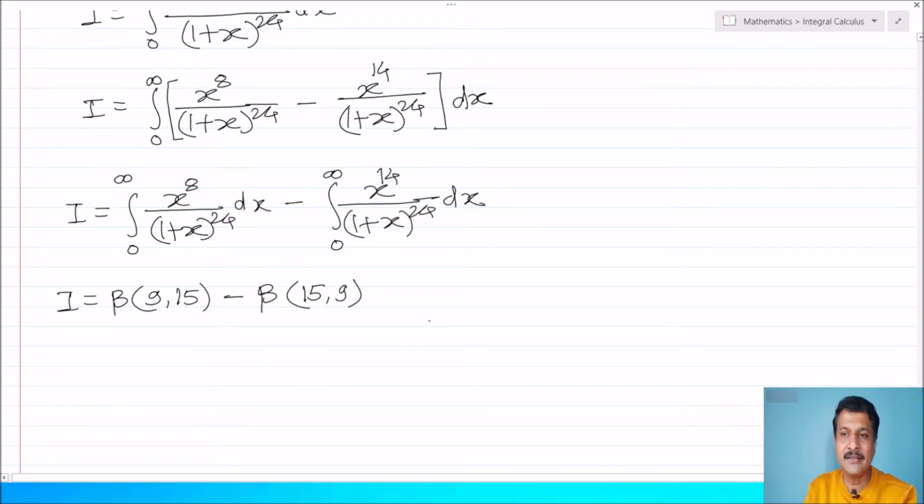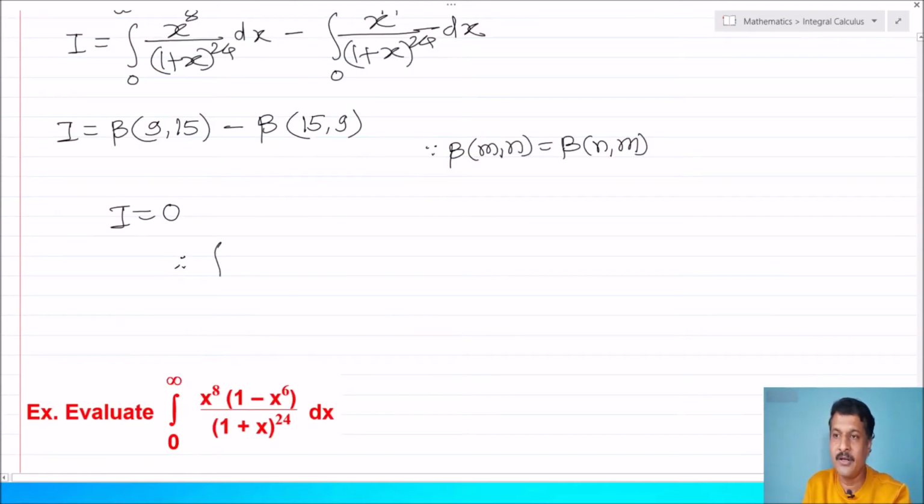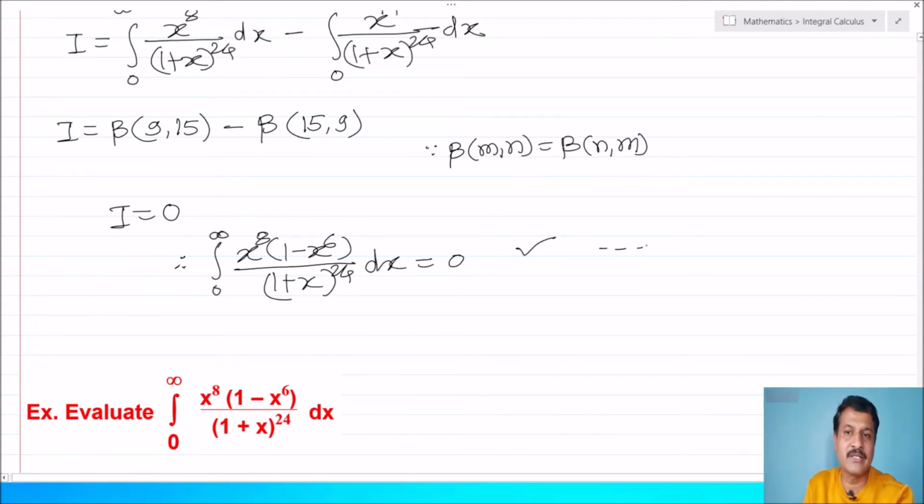And as the property of beta function, that is beta of m, n equal to beta of n, m, both are same. So I am getting I equal to 0. And therefore the integration 0 to infinity x raised to 8 (1 minus x raised to 6) upon (1 plus x) whole raised to 24 dx is equal to 0, which is your required answer.